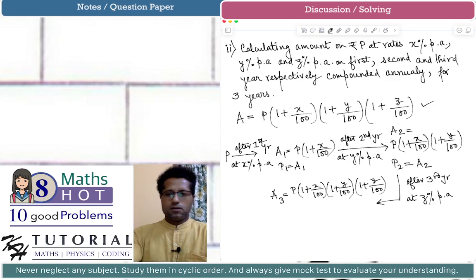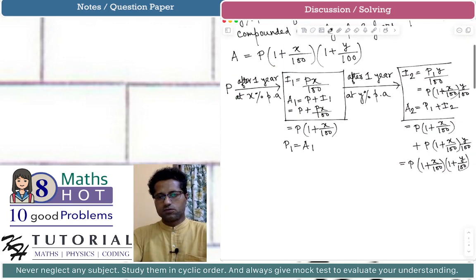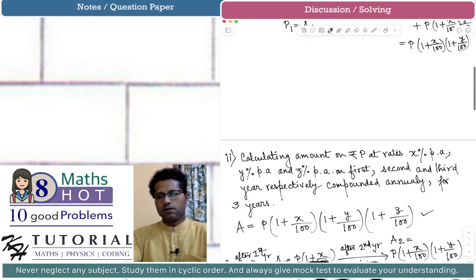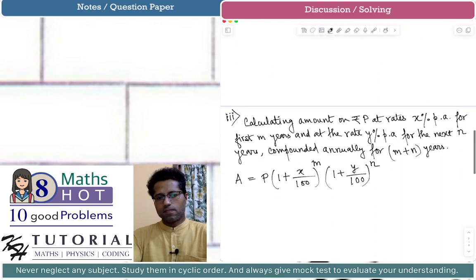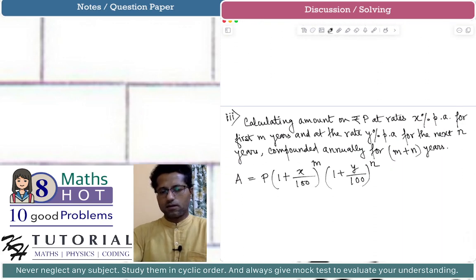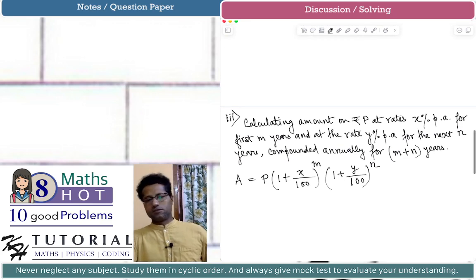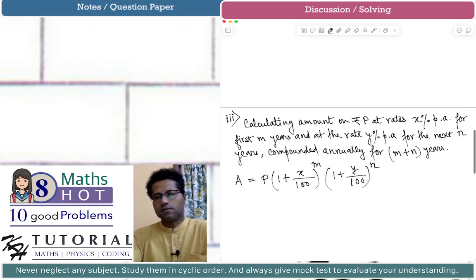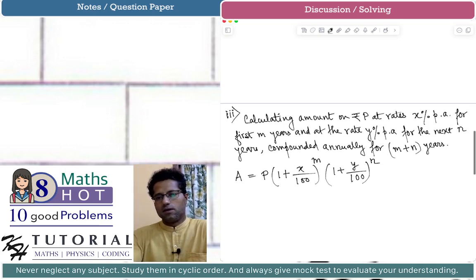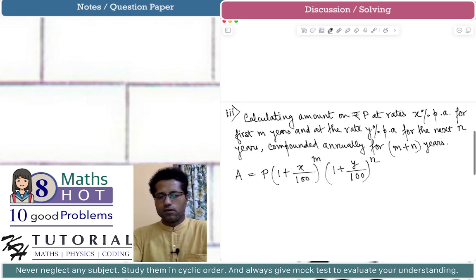Okay. Now, these first two formulas can be further extended to a more general form of computing the amount where the interest is being compounded annually, but this time let's say the rates are different for more than 1 year.